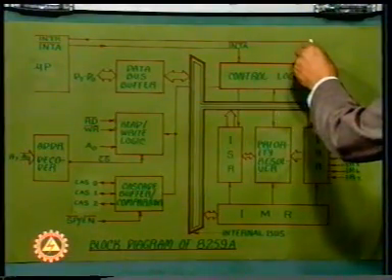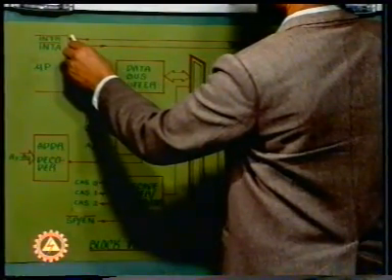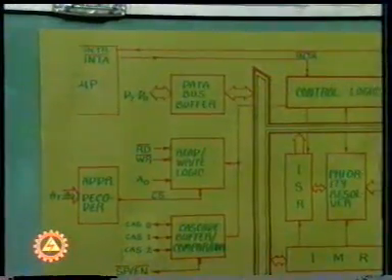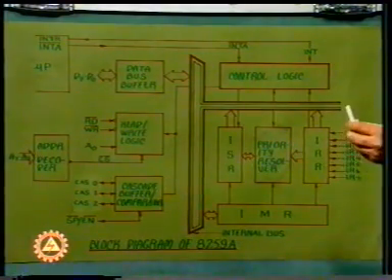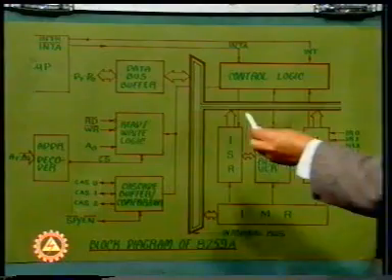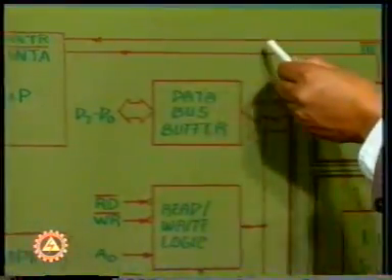This INT line is connected to the general purpose interrupt of the microprocessor, INTR. On recognizing this general purpose interrupt, the microprocessor acknowledges it back through its interrupt acknowledge line INTA bar.